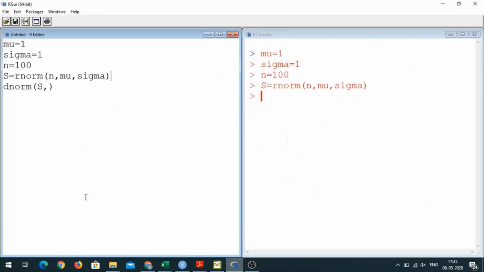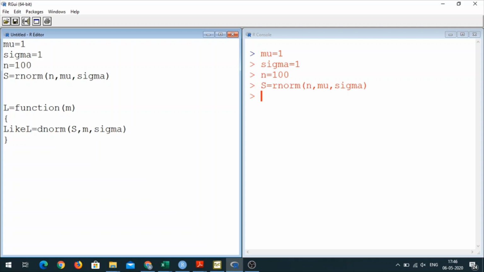Okay, so let me write the command for likelihood. So we will create a function which is a function of mu. Let me call it m because I already have a mu defined over there, and my likelihood would be LIKEL. Suppose likelihood is this: dnorm S, mean is m, because we are creating it as a function of m.